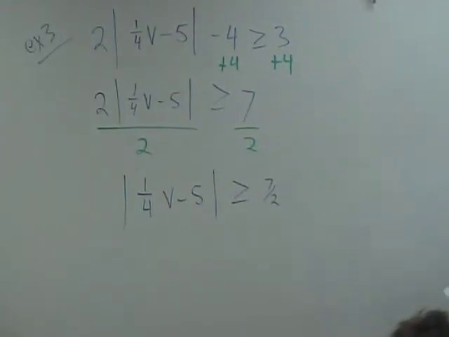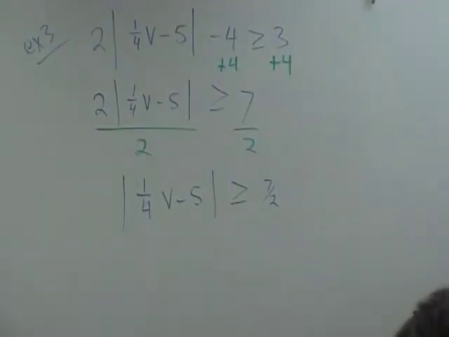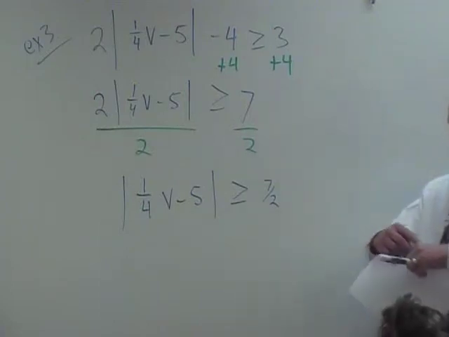So we should have the absolute value by itself greater than or equal to 7/2. Which now we're ready to split it apart. Anybody not ready for me to do that? Okay. Alright, I'm going to split them apart.